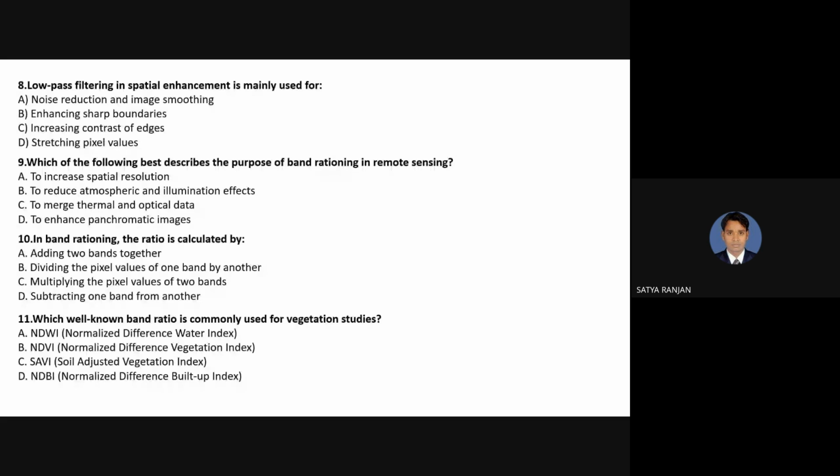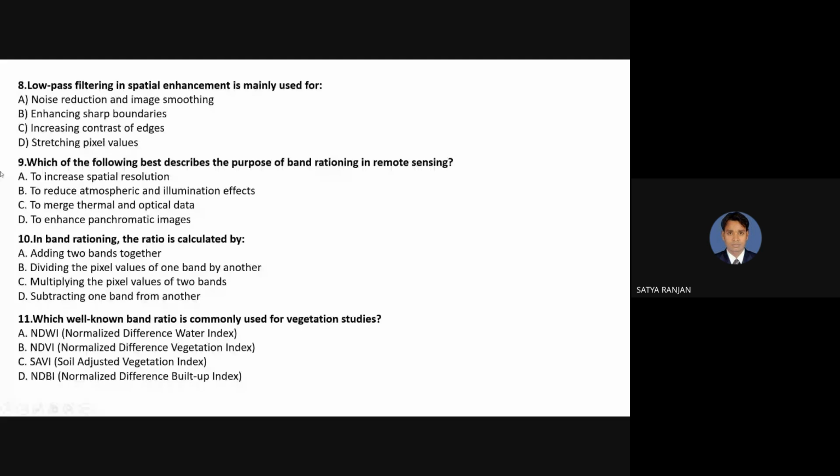It is not like merging thermal and optical data to enhance the panchromatic image. Only the atmospheric, illumination and topographic effects are related to band ratioing. In band ratioing, the ratio is calculated by adding two bands together, or dividing the pixel value of one band by another, or multiplying or subtracting. So it is based on dividing the pixel value of one band by another.